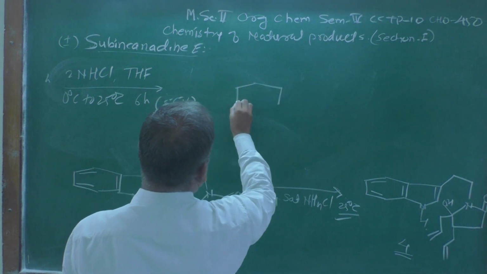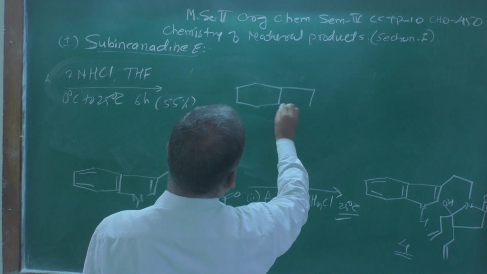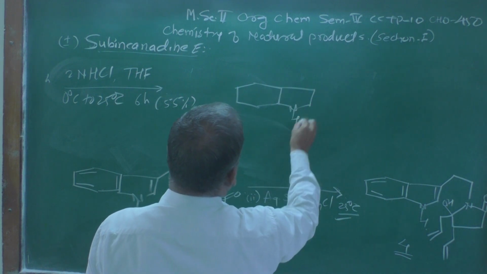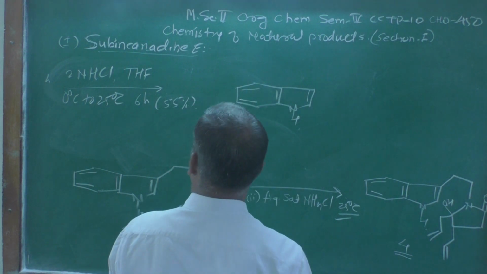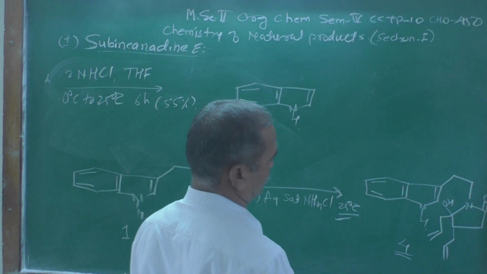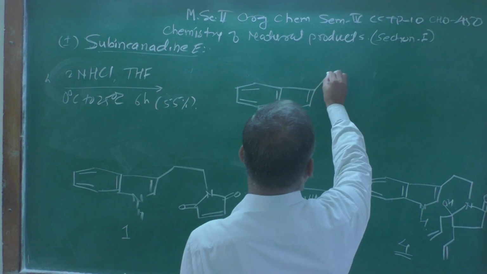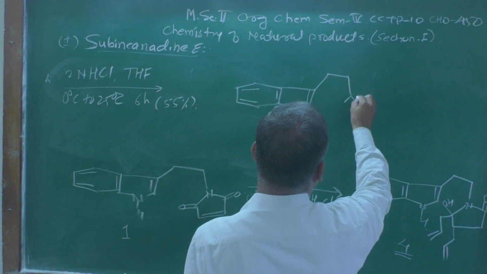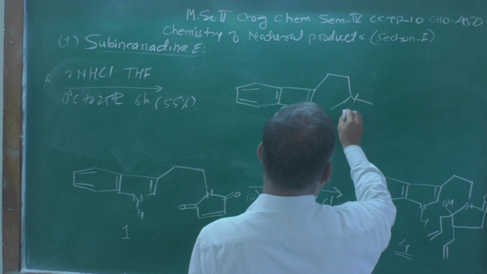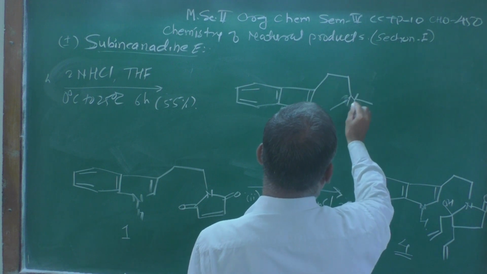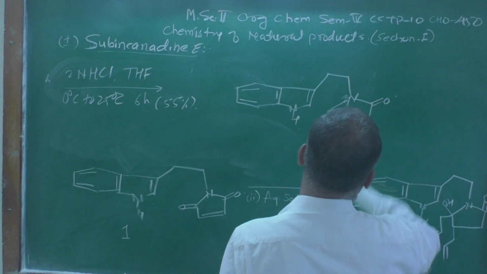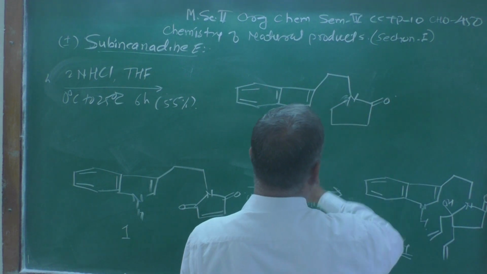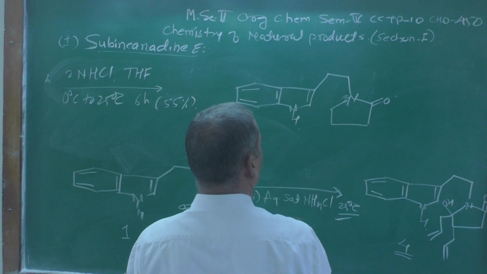Now let us see the structure carefully here. Hydrogen atom, double bond, this indole moiety remains as it is, and in that CH2, then nitrogen atom, then there is a 5-membered ring we can draw, that is an amide or lactam over there.